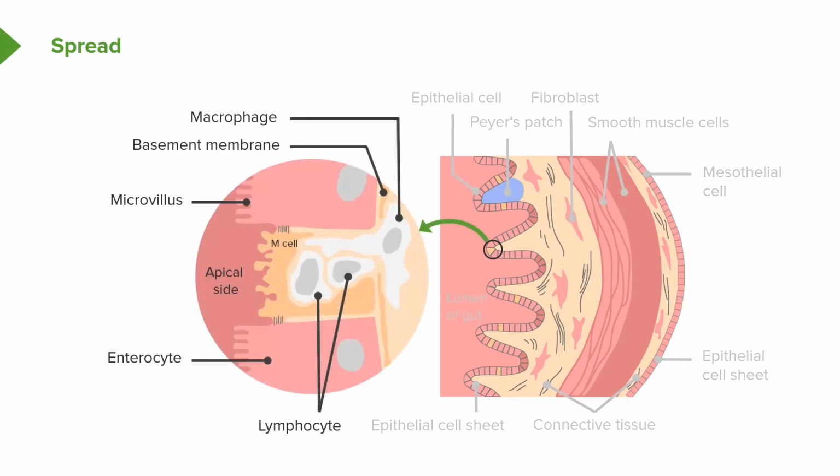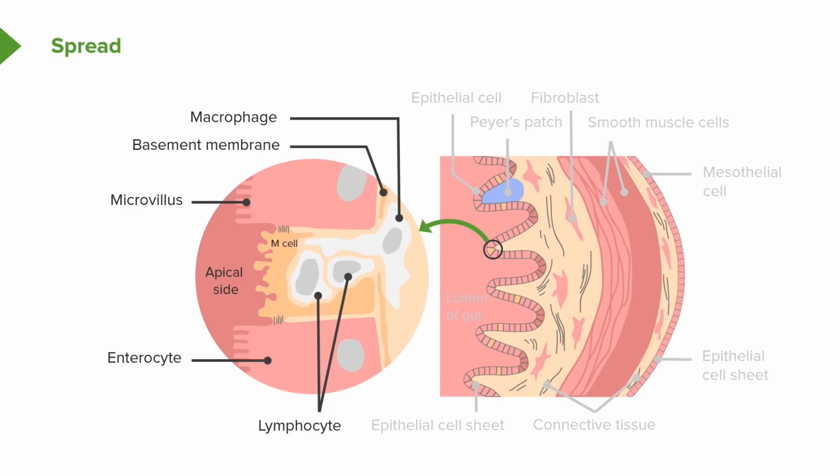the intestine during digestion. If we take a closer look at this intestinal lining, we can see that there are different kinds of cells that make up that epithelial sheet. There are enterocytes, which are involved in taking up nutrients, and then interspersed among them are the so-called M cells, in which immune cells come from below, lymphocytes and macrophages, and sample the contents of the gut to make sure there isn't anything nasty there.